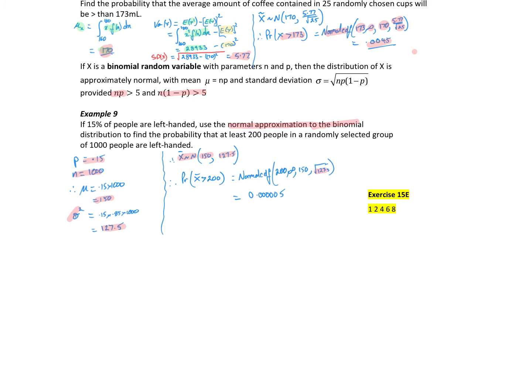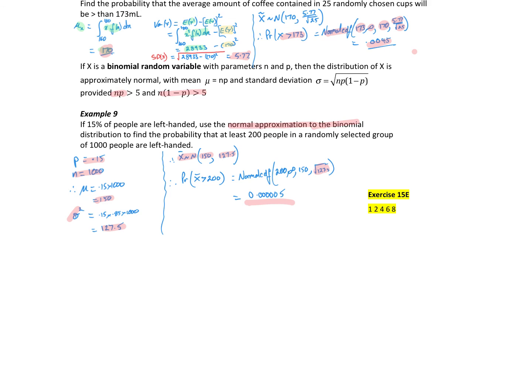So in actual fact, in this case, the difference is my standard deviation. My standard deviation isn't the square root of 127.5 on n, or isn't sigma on root n, I should say, because we're using a normal approximation. What we're doing here is we're working out that that probability is 0.3, zeros, 5 zeros and a 5.